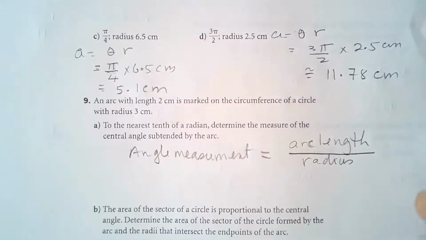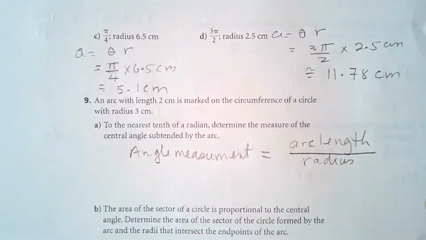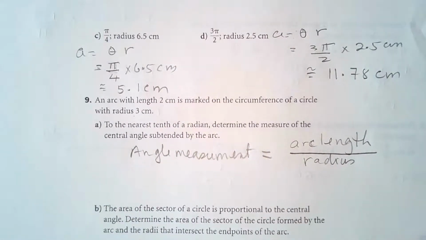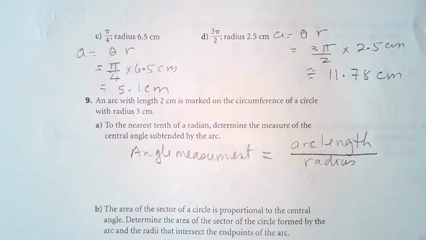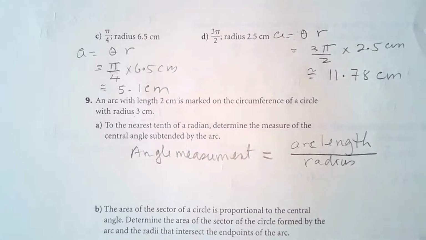So it's like you have a circle here. Let's visualize an arc length of 2 centimeters. So we have 2 centimeters here. This is my radius, and the radius is 3. So we need to find a central angle.